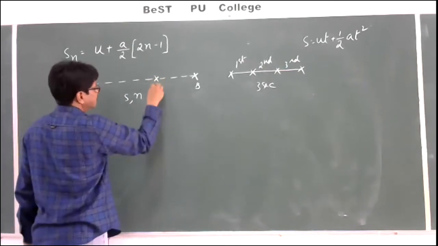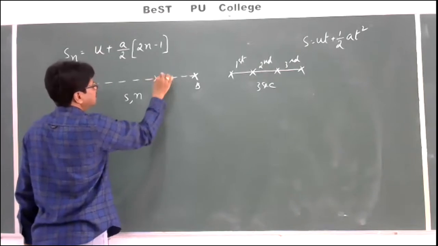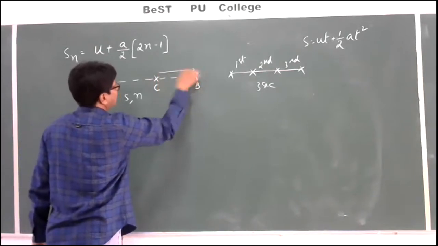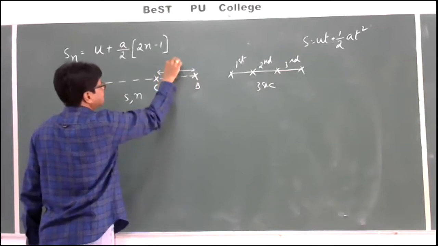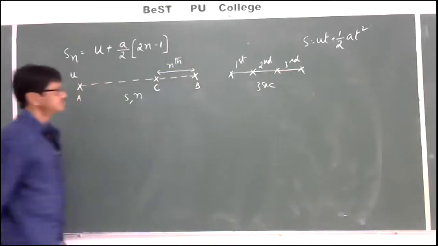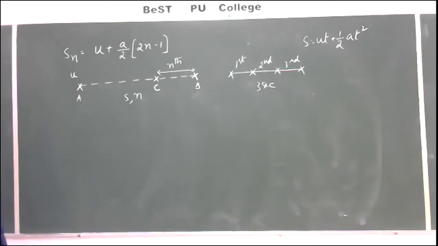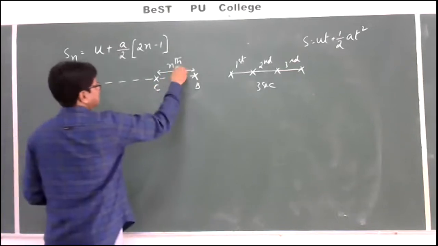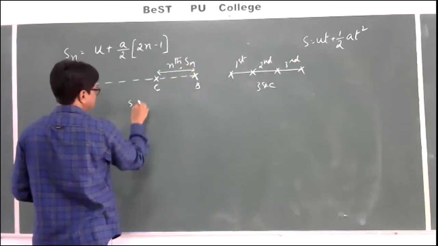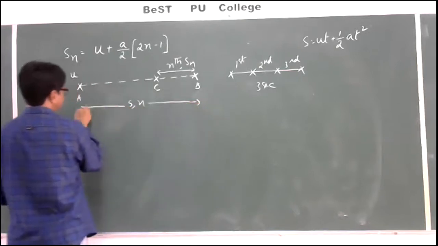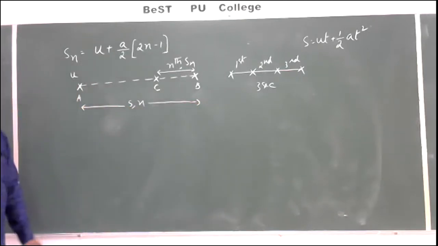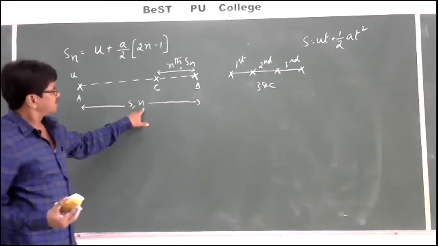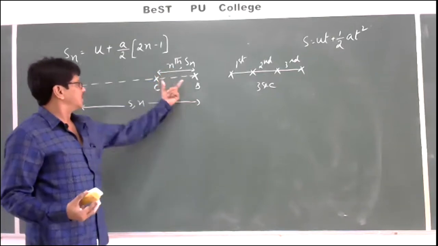So if I go with this BC, this will be the distance traveled in the nth second. Understood? If the total time is n seconds, the nth second will be the last second.